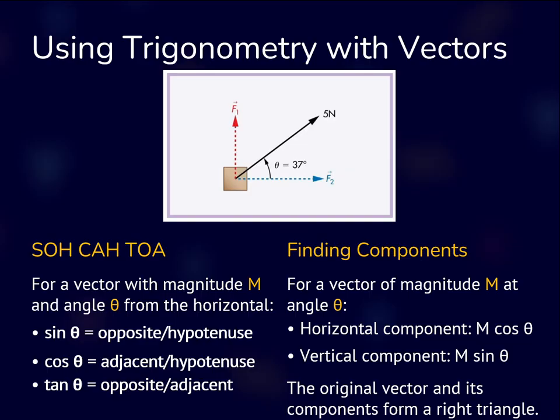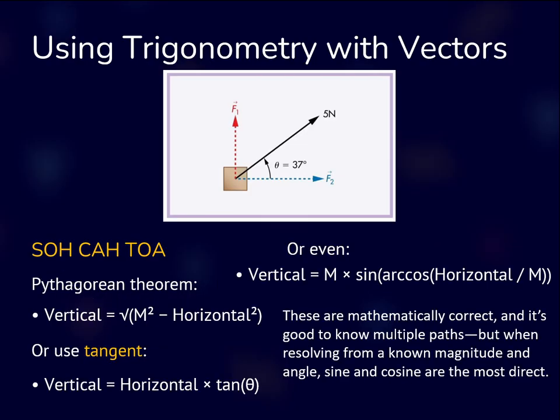The vertical side, which is the opposite side, is equal to m times the sine of theta. This trigonometry approach lets us split the vector into two simpler vectors. These components are easier to work with because they act along the x and y axes.